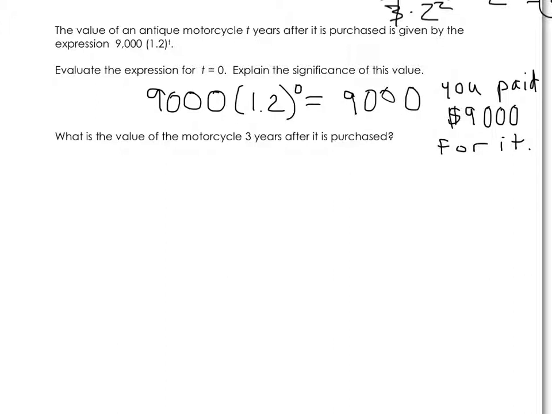What is the value of the motorcycle 3 years after it's purchased? Usually the value of something goes down after you purchase it, but this is an antique motorcycle, and we're multiplying times 1.2 every year. So if we have 9,000 times 1.2 to the 3rd power, we can calculate that.